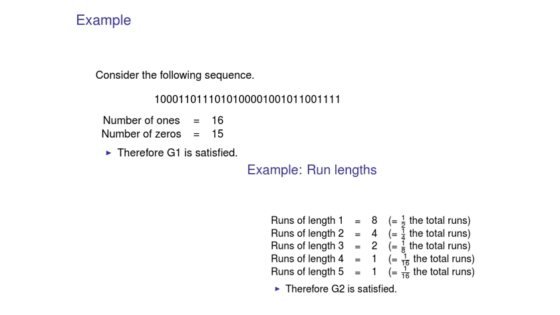The number of ones is 16. That means half of the sequence is ones, and the number of zeros is 15 out of 31. So half ones and half zeros. So it satisfies G1. And G1 is satisfied. And an example of run lengths.